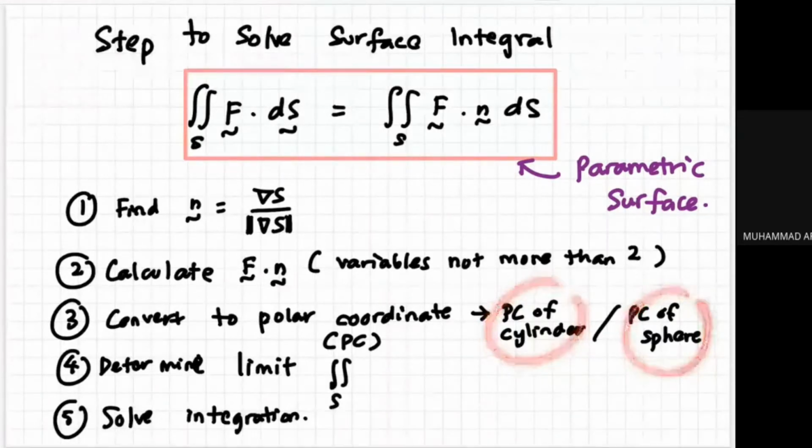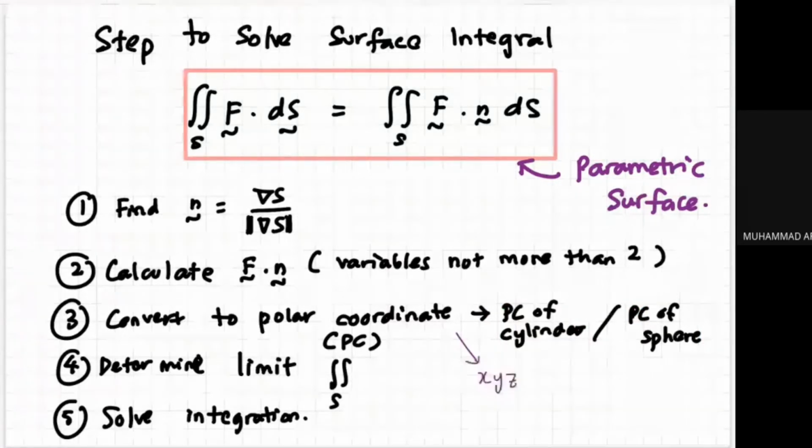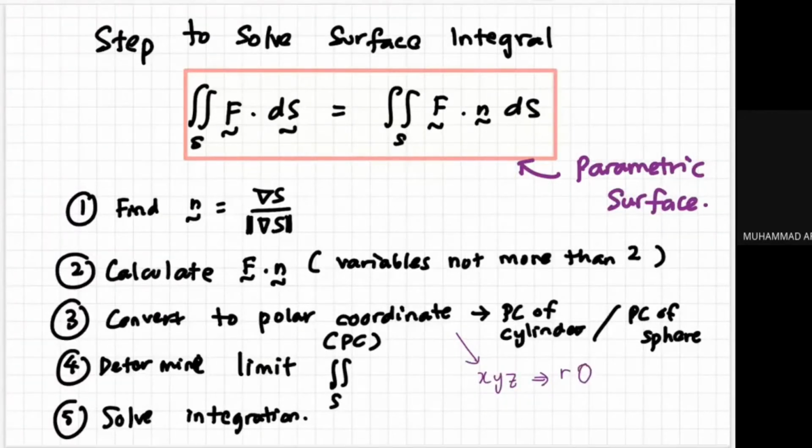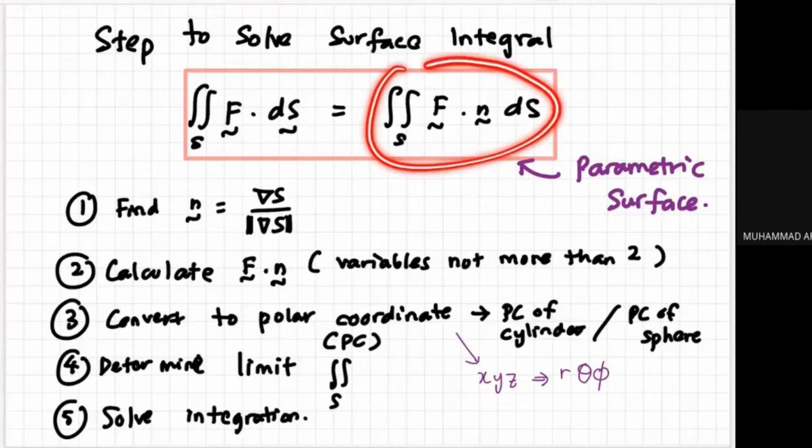So you have to change from x, y, z to r, theta, and phi. Next is to determine the limits. You have to find the limits here. And the last part is to solve the whole integration.